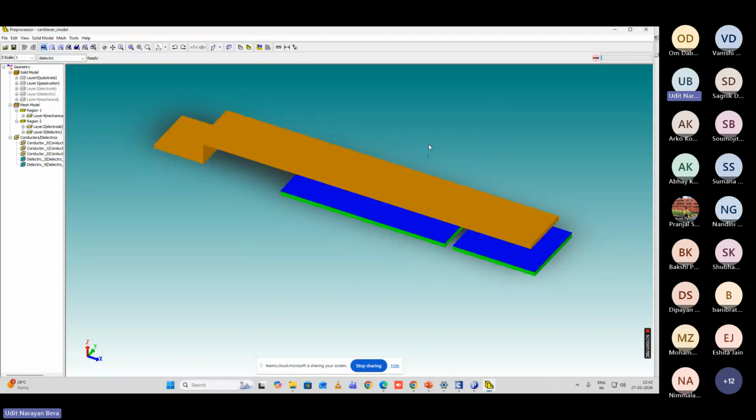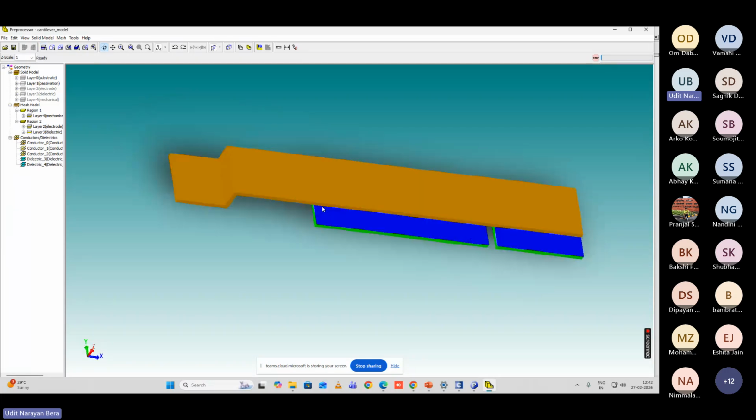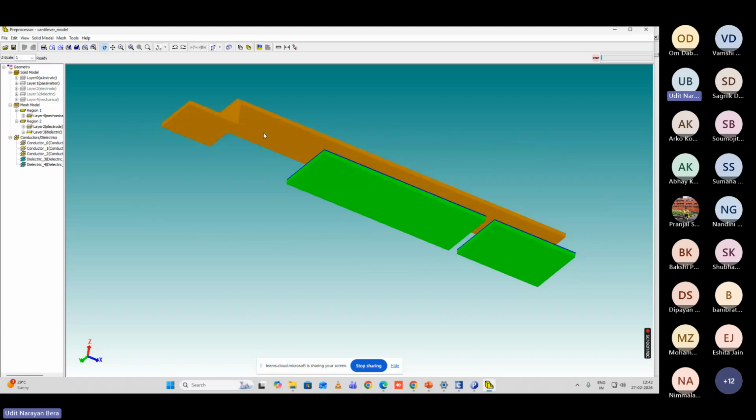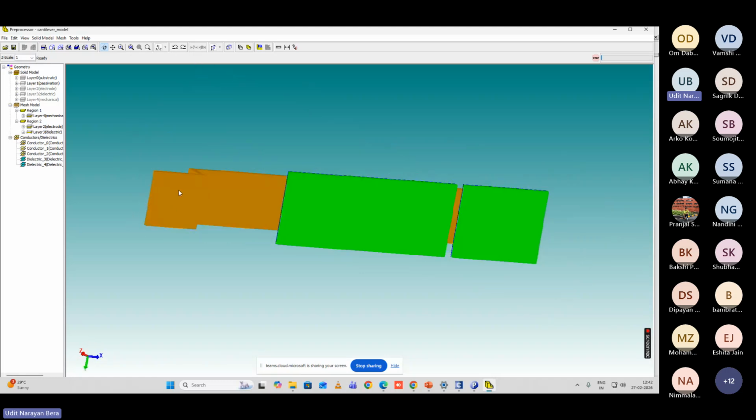But for the simulation purpose, you need to assign some names to this model, to some parts. You can see this portion, that what I was saying, the anchor should be fixed. So make sure this portion is fixed. For doing that, I need to give it a name.